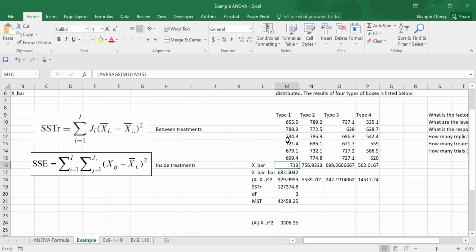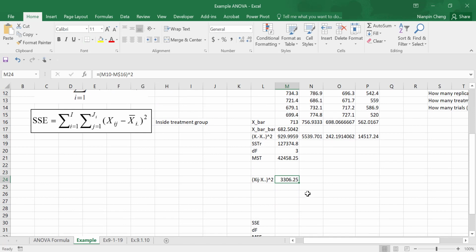Okay? So this calculates the variation within the group, inside the treatment group. So we can do the same thing for these 6 values, not 3, sorry, 6 values.